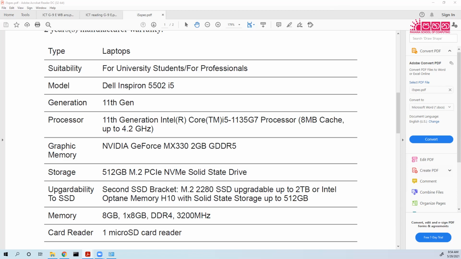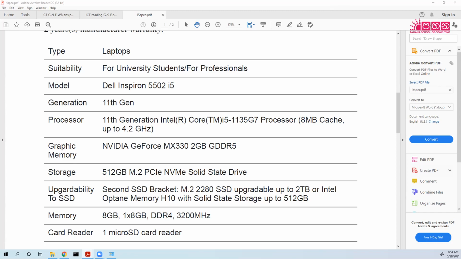The details I need: processor manufacturer, that's the first thing I want to know.